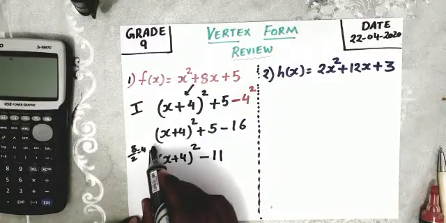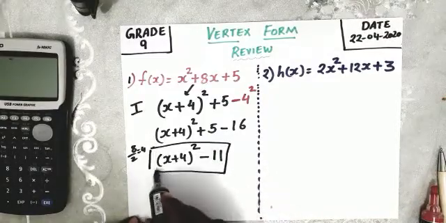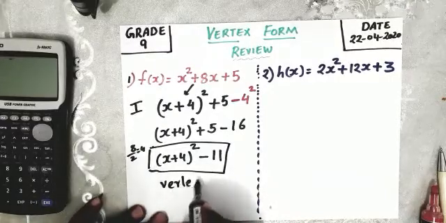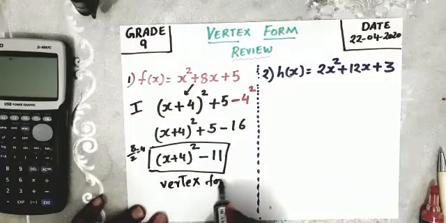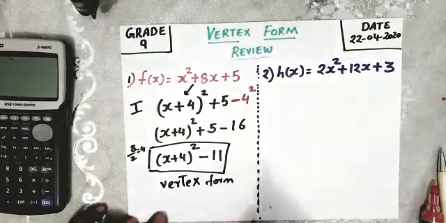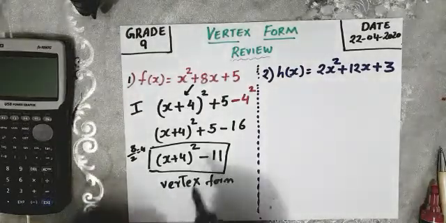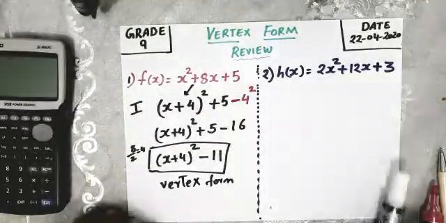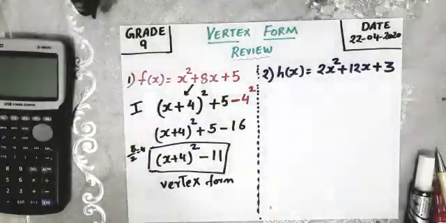And that's it. This is called your vertex form. Write in vertex form. This is your vertex form. It is easy and faster when there is no coefficient. Okay, I hope this idea is clear.